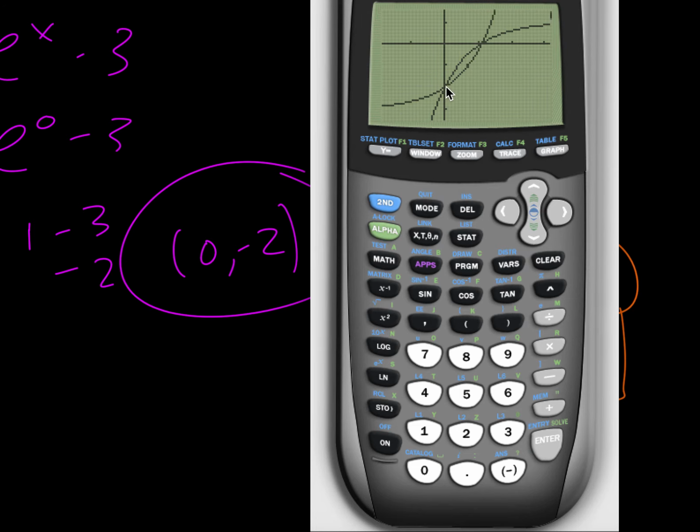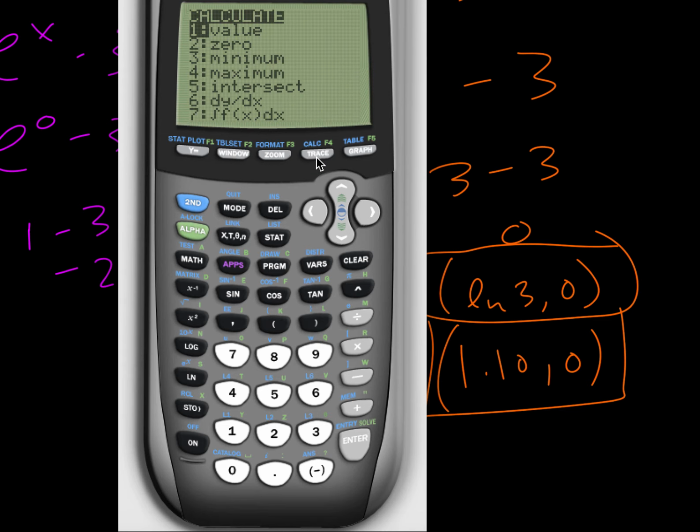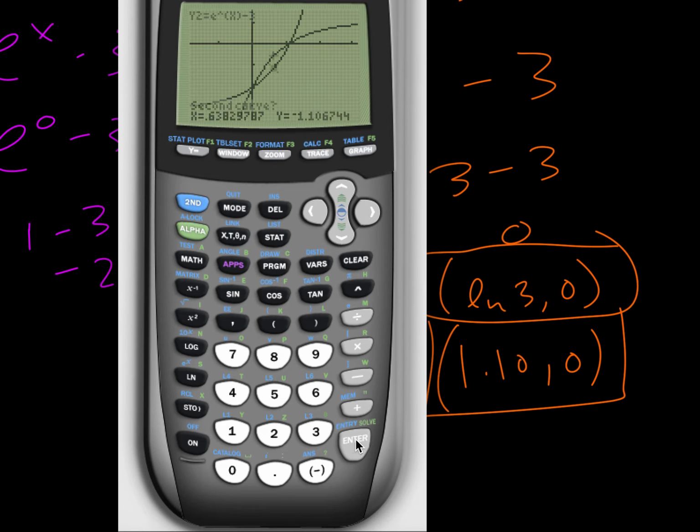Okay, so 0, -2 definitely looks like a possibility. And basically 1, 0 also looks like a possibility. So I feel pretty confident that those are good, but let's check them. So we do an intersection, curve 1, curve 2. Now this is the one that should give us the point 0, -2. And it does, 0, -2.